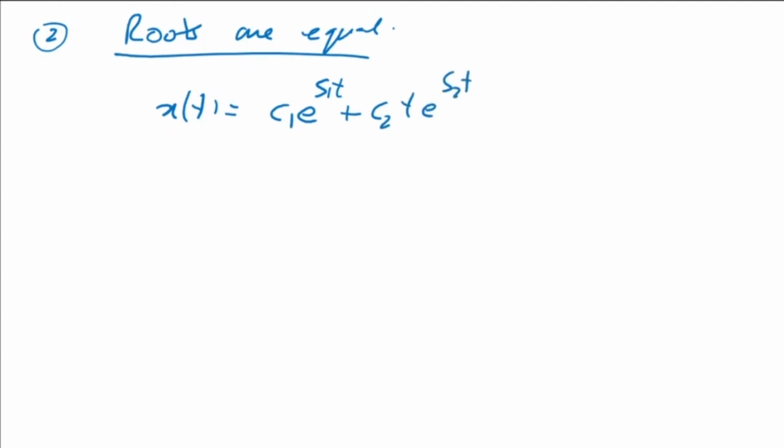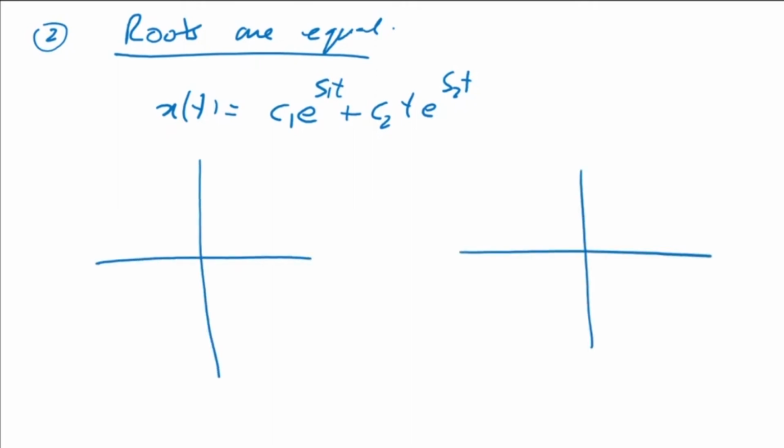Okay, this is the form of the solution, and what we do get is the same thing if I draw here. Okay, now my response, I take it to x(t). Okay, and I leave it. Now it comes like this, and it comes very close to the origin. Okay, so this is my response of the system.